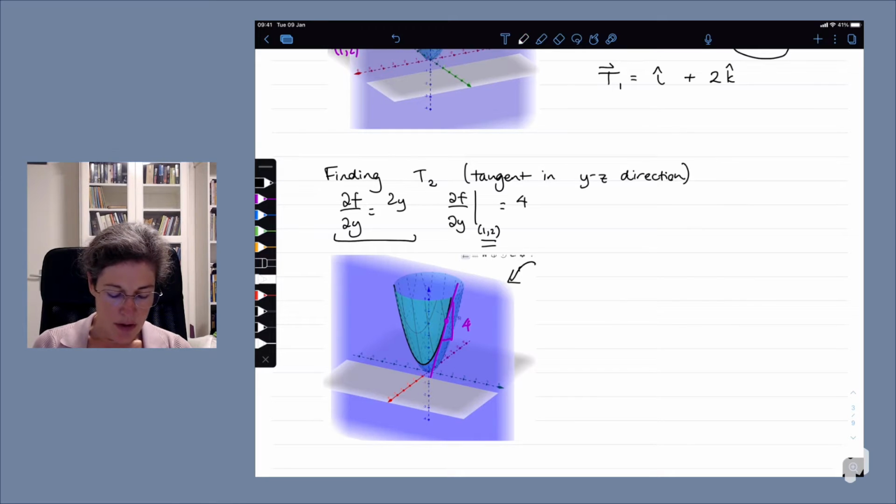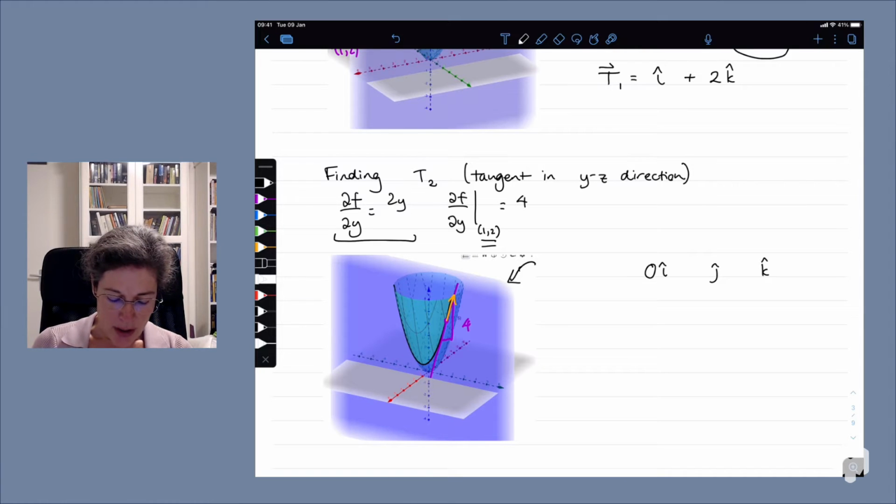And now to put this into vector format, we want again to find a vector that is along our line. Well, we think about what the components need to be. So let's think about the i hat, j hat, and k hat components. Well, we've fixed x, so our vector is not allowed to have a component in the x direction, so that's going to be 0. What's happening in the j direction?